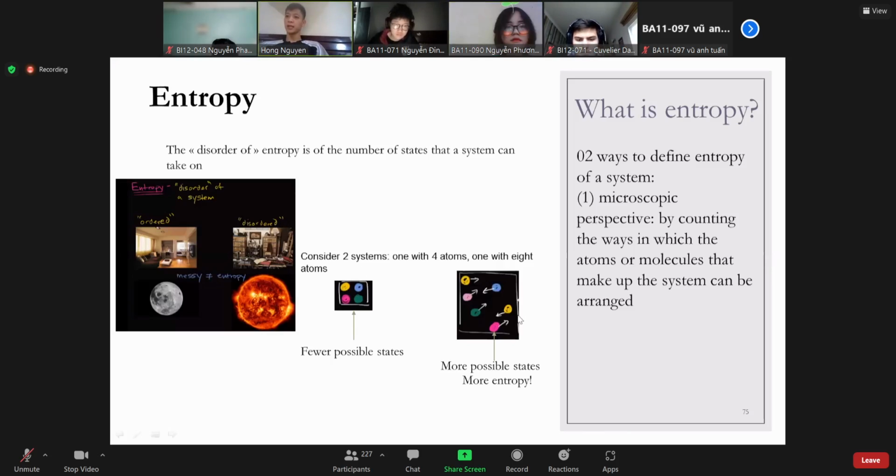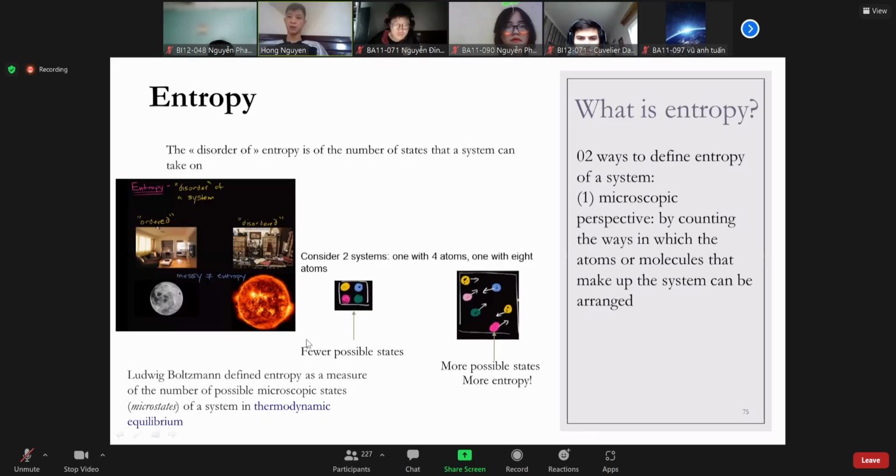So we say that this has more entropy, okay? Because it has more possible states. And we call these states the microscopic states. This is defined by Boltzmann. He defined entropy as a measure of the number of possible microscopic states of a system in thermodynamic equilibrium.